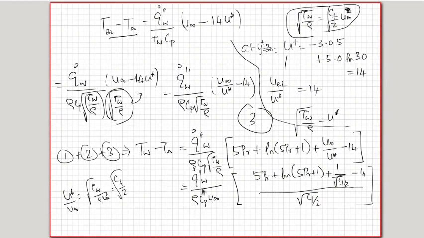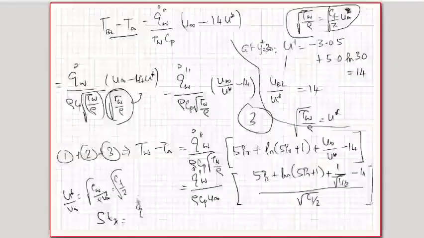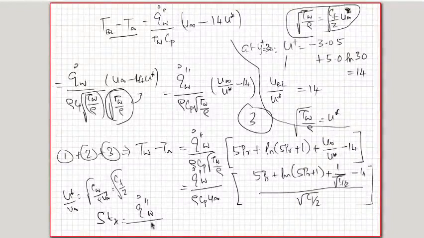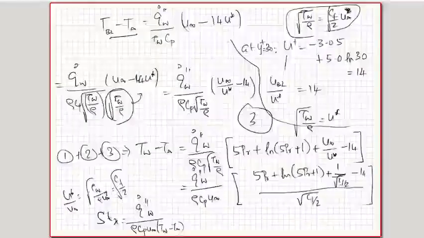Okay, so now I can get an expression for Stanton number quite easily, because that will be Stx is equal to Qr divided by rho Cp U infinity into Twall minus T infinity.